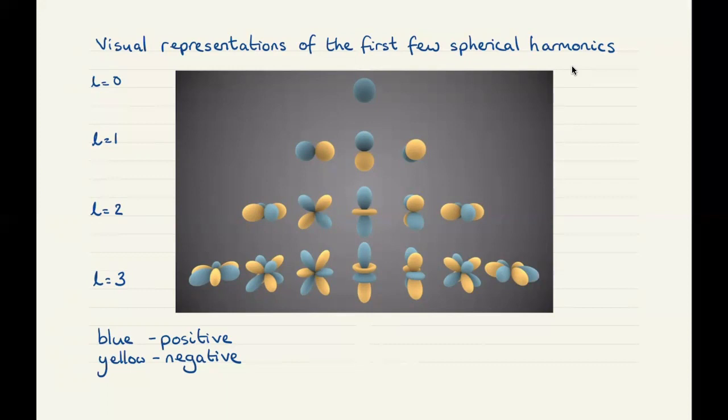There's a subtlety here, and these are visual representations of what are called the real spherical harmonics. So they're actually linear combinations of the actual spherical harmonics described by L and M sub L in order to obtain real parts.